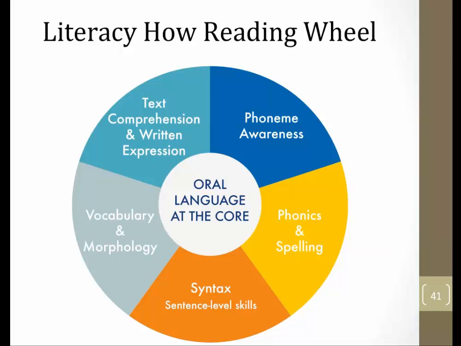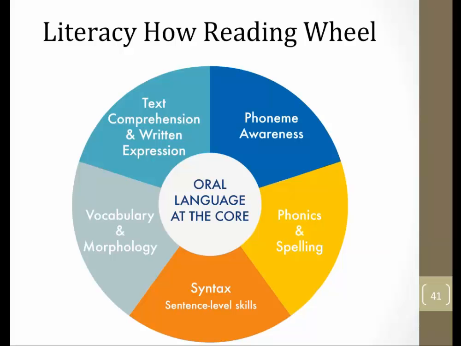I'll speak more about spelling in a minute, but you'll notice that the segment of the wheel that includes phonics also acknowledges that phonics includes spelling. You'll notice morphology was added to vocabulary. I will not be speaking about that today, but that's incorporated in our vocabulary instruction.